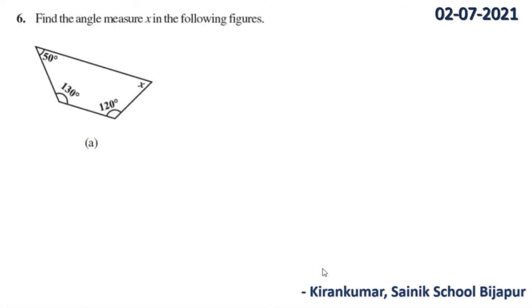Question number 6. Find the measure of x in the following figures. In the first figure, one of the angles is missing here. This particular figure has 4 sides, so it's a quadrilateral.